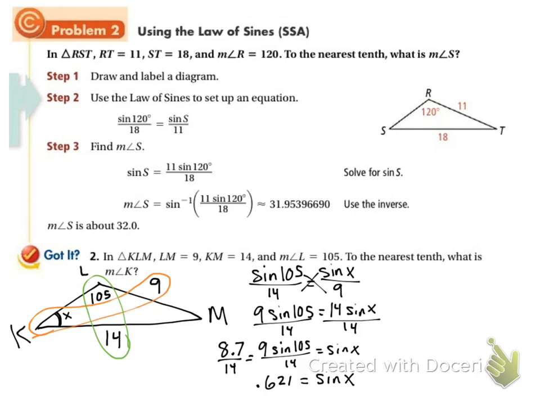That's the inverse sine. So, sine inverse of 0.621 equals sine inverse of the sine of x. And remember, these right here are going to cancel off, so I'm just left with x. And we get x equals about 38.4 degrees, depending where you rounded.